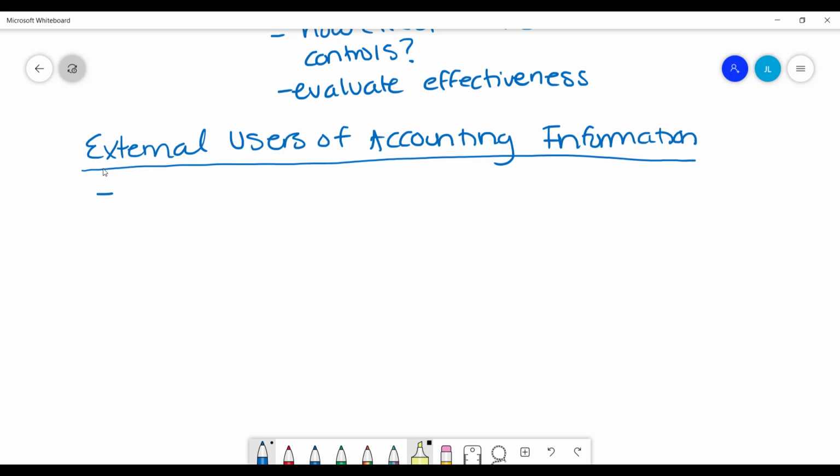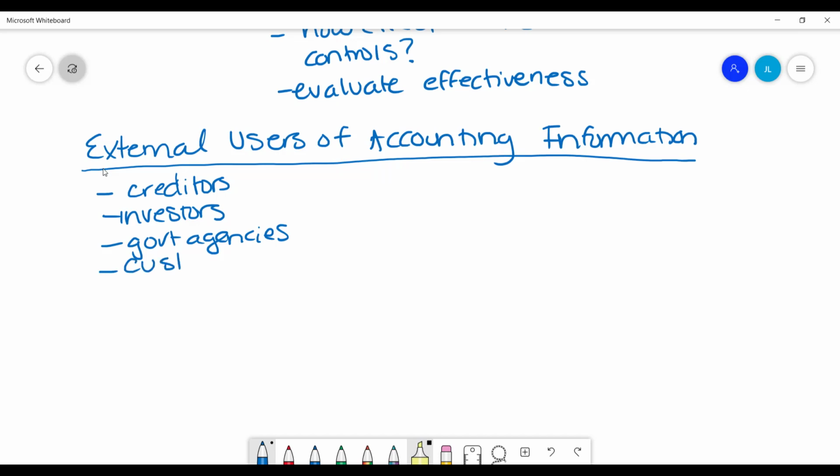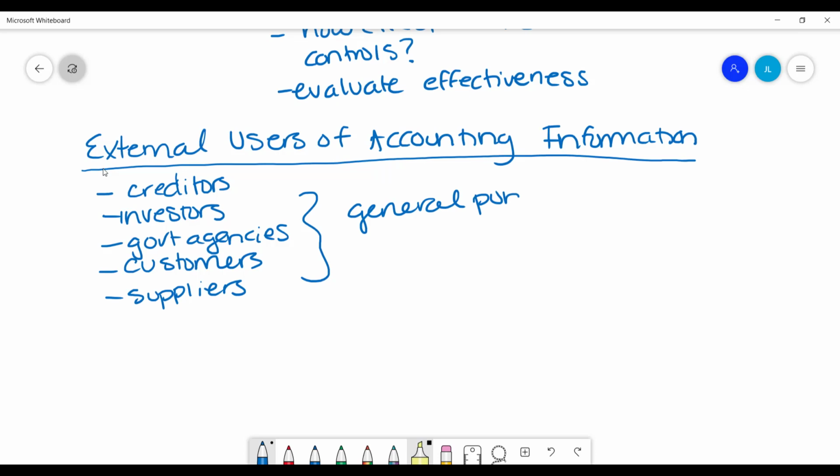Okay, so examples could be owners or shareholders of a company, creditors, which is one we're going to see a lot of in this class, possible investors, labor unions, government agencies like the SEC, for example, which we'll get to. Customers is a big one, right? Customers, even suppliers. And basically, if we want to say just an overall external user, could be just the general public.